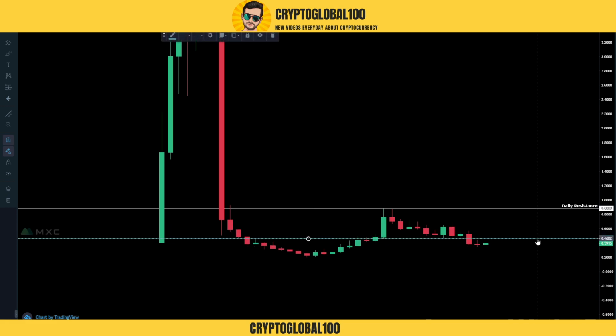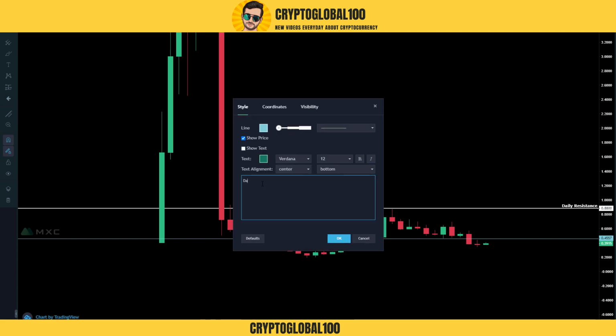resistance right now, and down there, I'm also going to draw another daily support here, and I'm going to make it Arial, oh sorry, Arial. That would be 24 bold, and the text color will be white, on the right side, on the bottom.